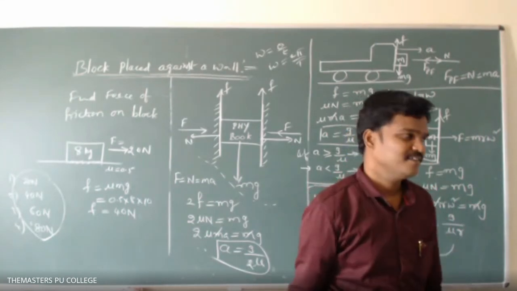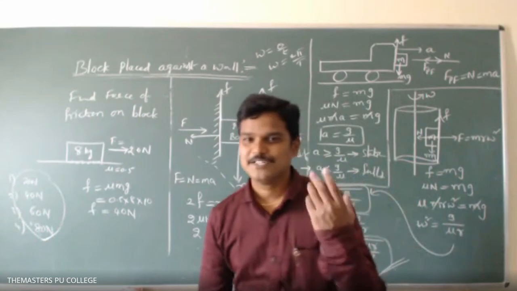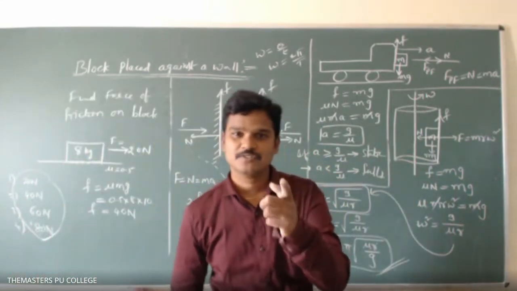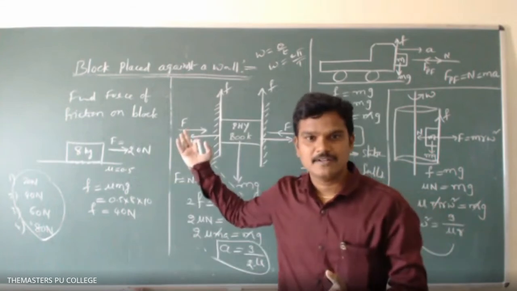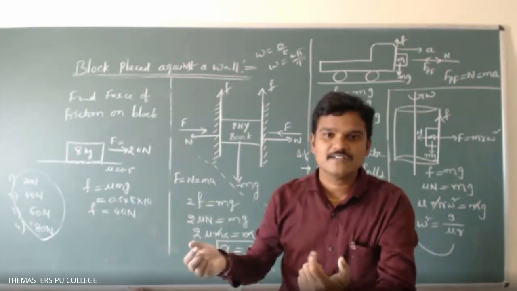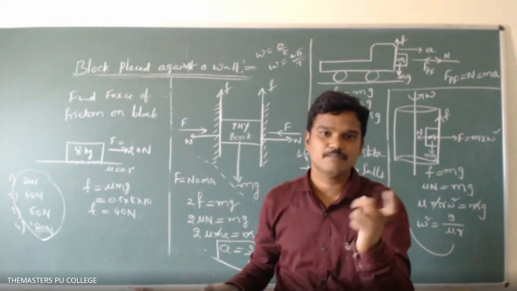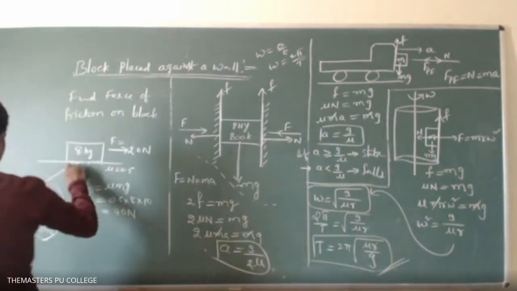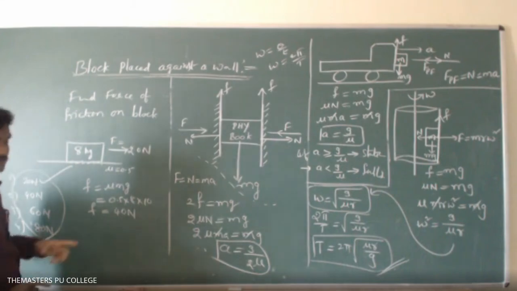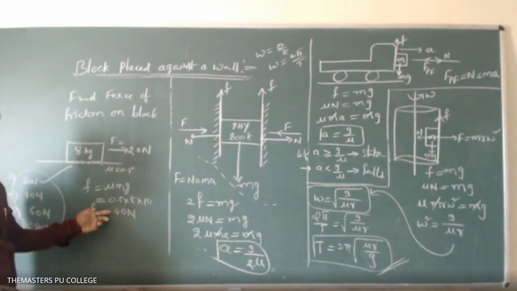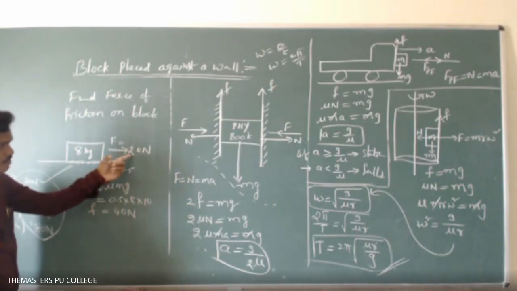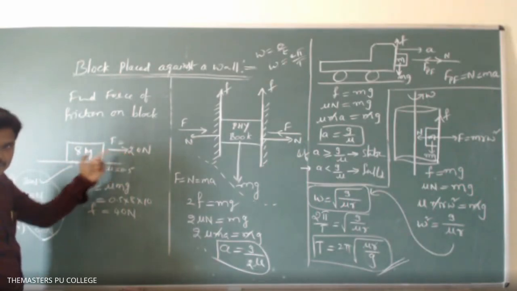You applied only 20 Newton. So the frictional force developed between the block and the surface is only 20. The right answer is 20, not 40. The maximum possible frictional force is 40, but with respect to this applied force, it is 20 only.